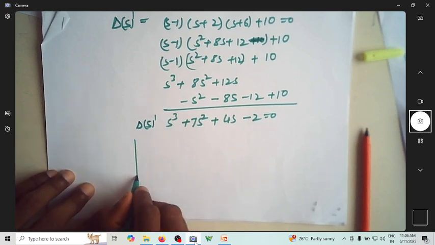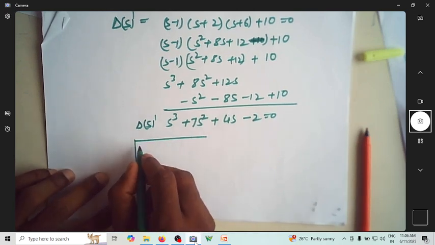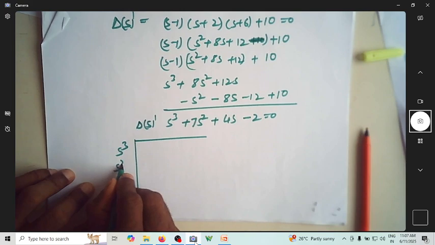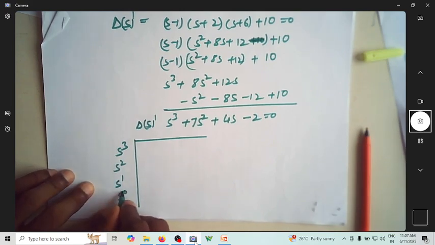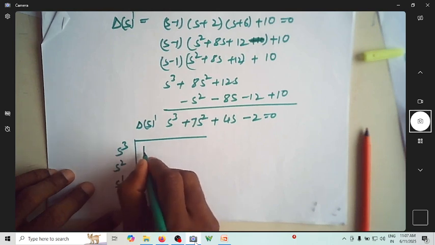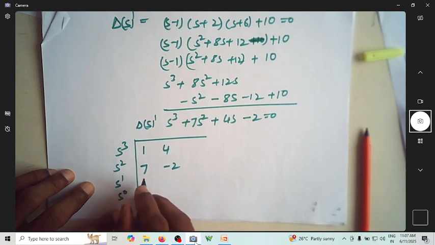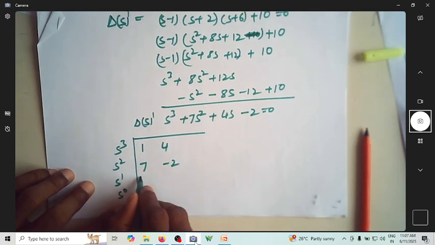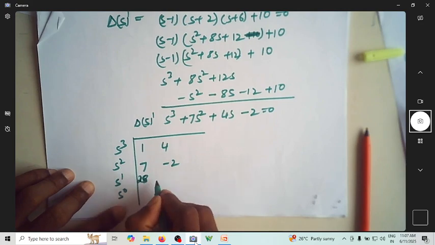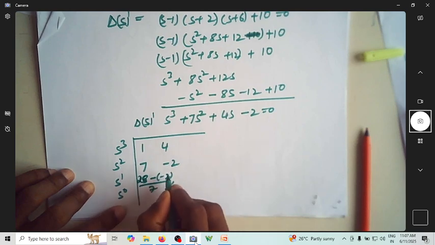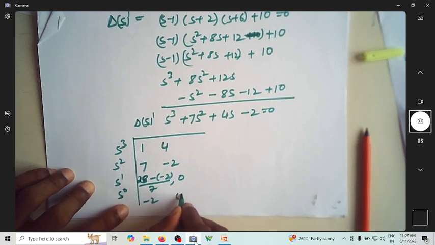So let me write the Routh array for this. I write s cube, s square, s power 1, s power 0. So it is 1, 4, 7, minus 2. Then 7 times 4 is 28, minus of minus 2, divided by 7, which is 30 by 7, and then 0, and minus 2, 0.